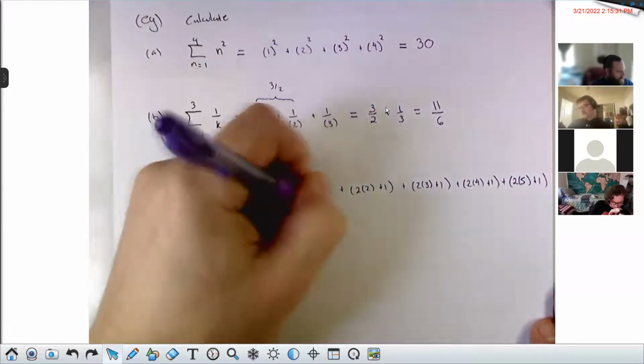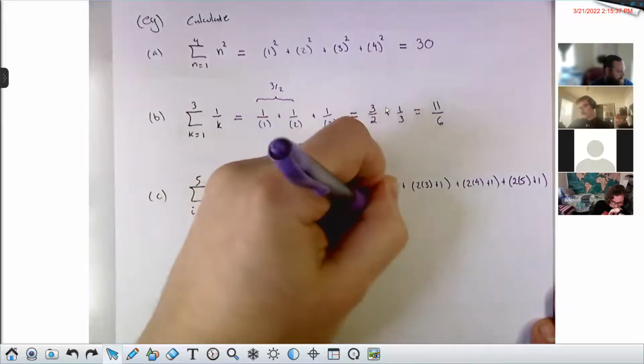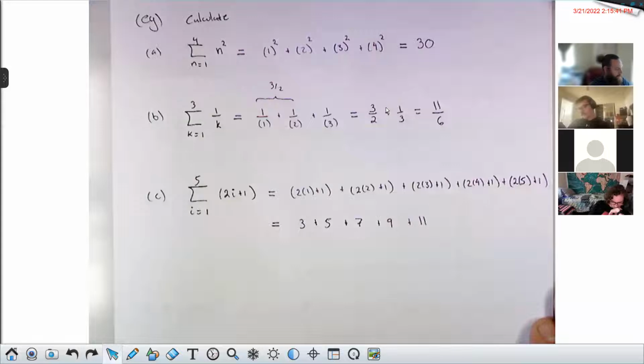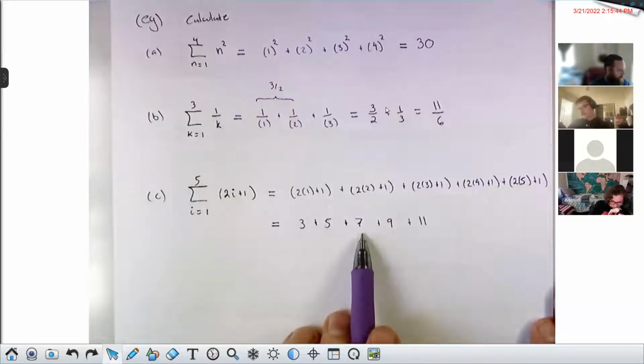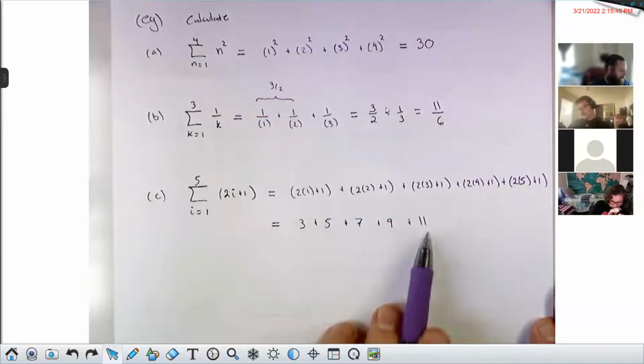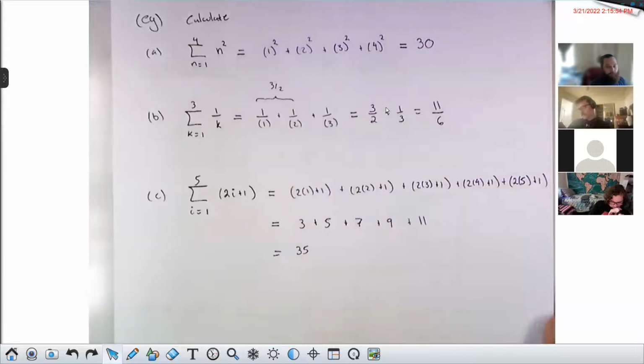So that's 3 plus 5 plus 7 plus 9 plus 11, which is 8 plus 7 is 15, plus 9 is 24, plus 11 is 35. So this is the notation that we use to express big addition problems.